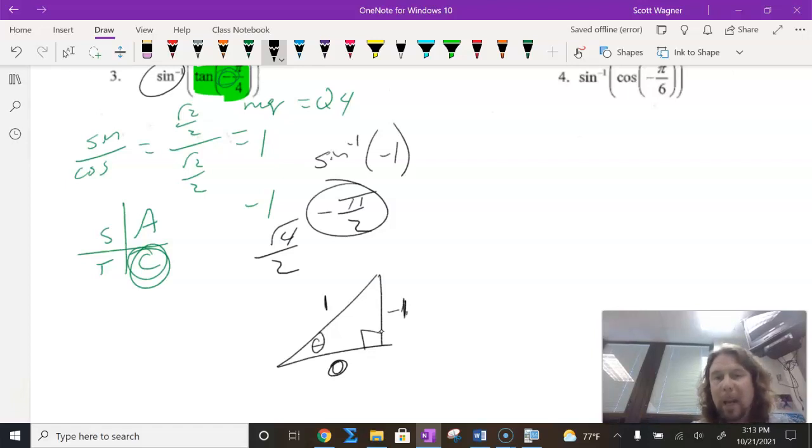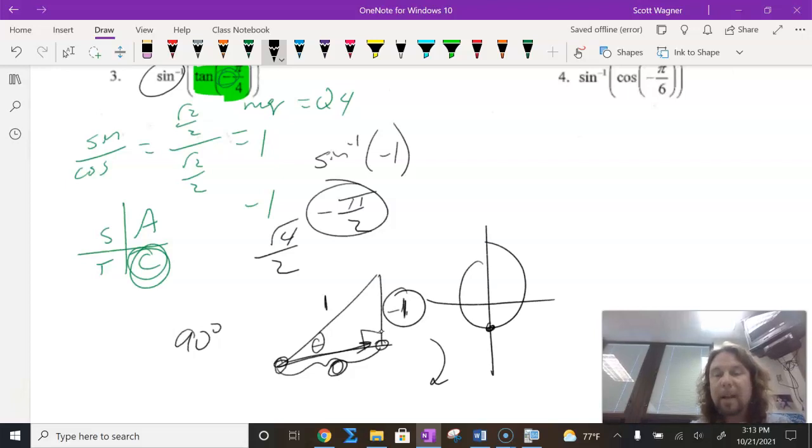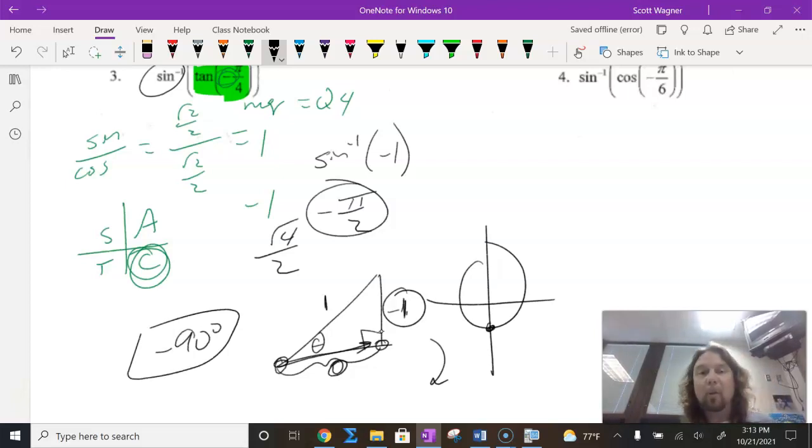So what specific angle will give me a distance right here of nothing, meaning it's squished up? This corner right here matches up with that corner right there. They're at the same spot. So that tells me it's a 90-degree angle. And because it was a negative 1, it's going to be downward on the unit circle. So negative 90 degrees. That's the idea with the triangle method.